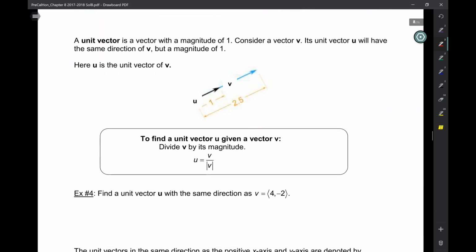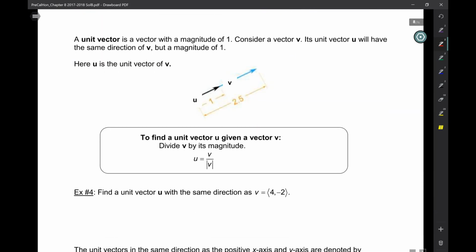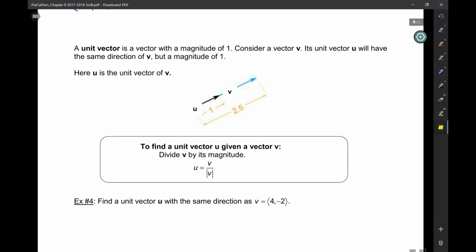Okay. Now, let's talk about unit vectors. A unit vector is a vector with a magnitude of 1. It's just a little arrow with a magnitude of 1. Consider vector v. Vector v is this entire thing here. Its unit vector is u. Here is u. It has the exact same direction as v, but a magnitude of 1.